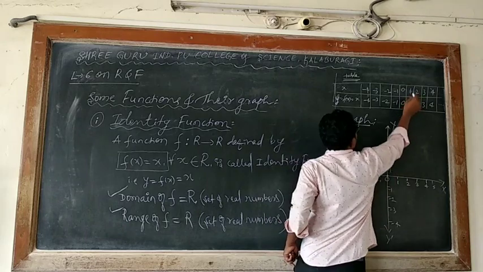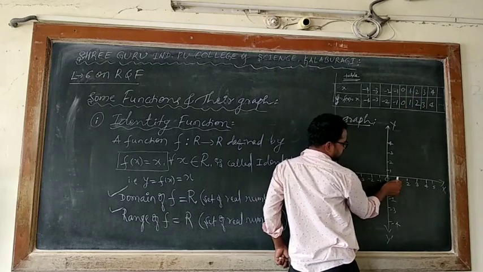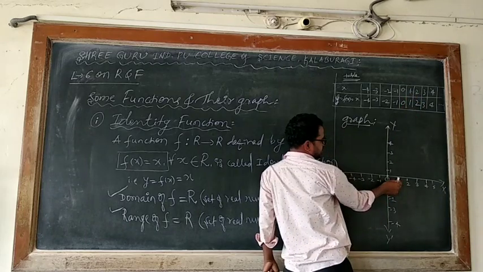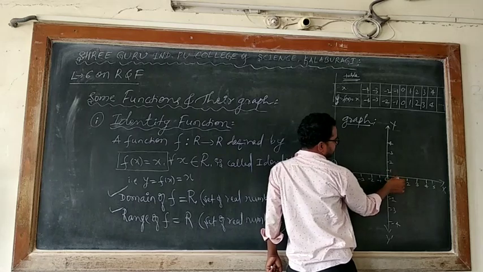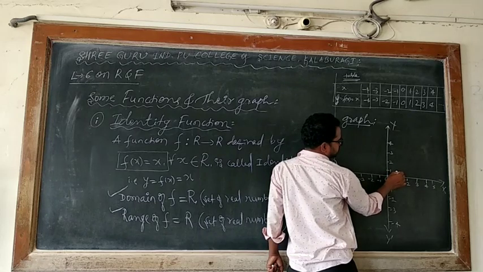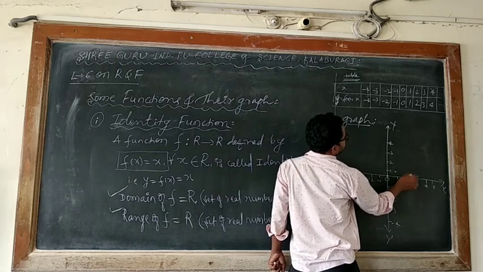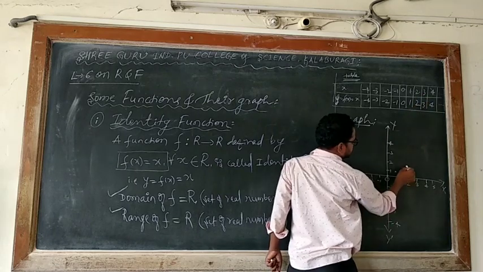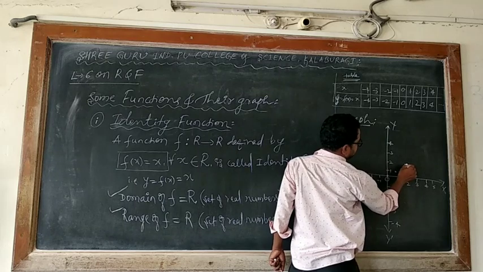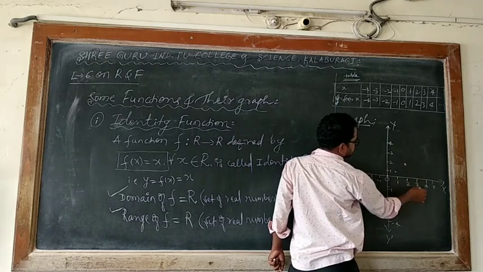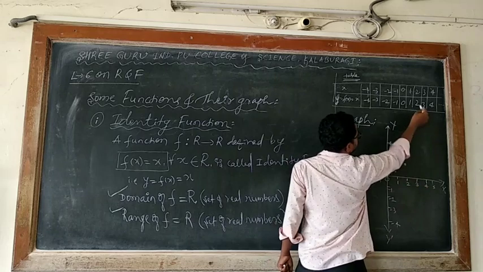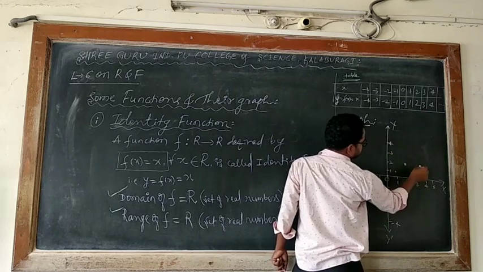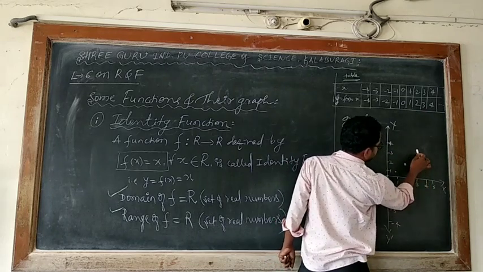X is 1, y is 1, means this point. You can mark it. X is 2, y is also 2, means you will get the point here. X is 3, y is also 3, so you get its corresponding point here.